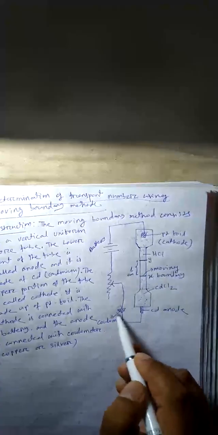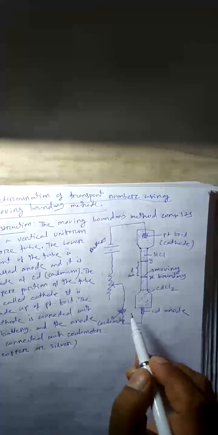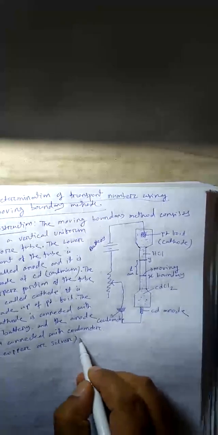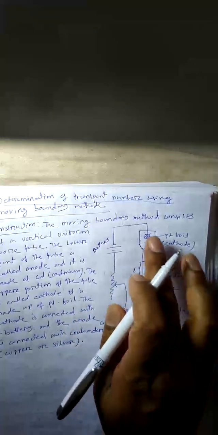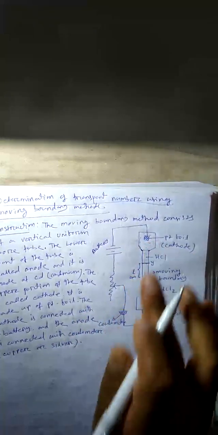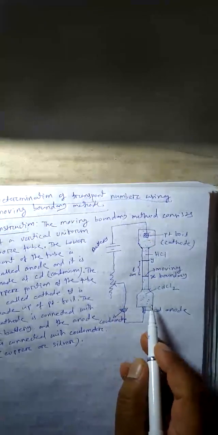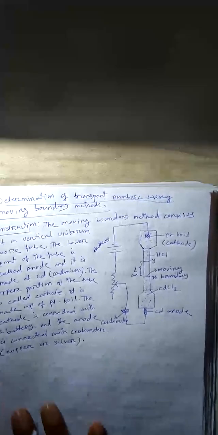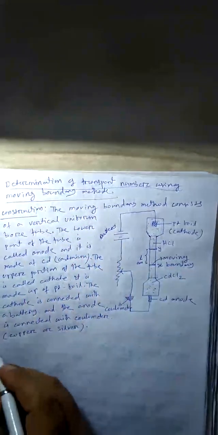Also, in the construction part you can tell that HCl is kept at the cathode and cadmium chloride is at the anode. So this is all about the construction, how the moving boundary method is constructed.